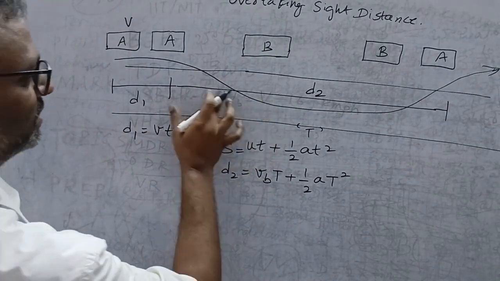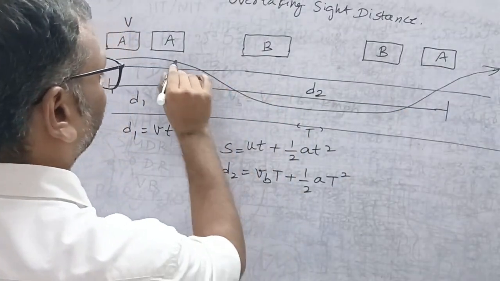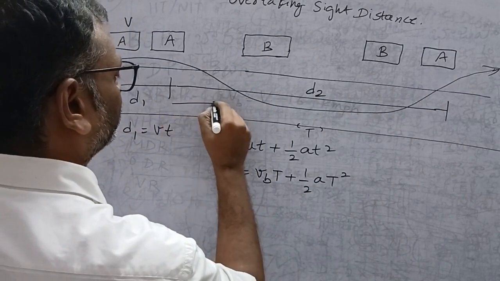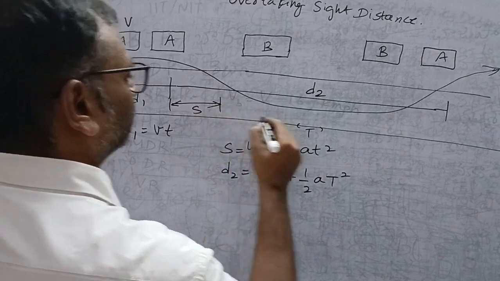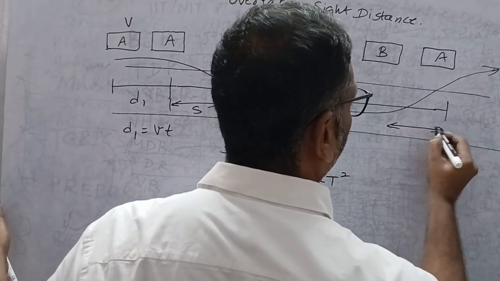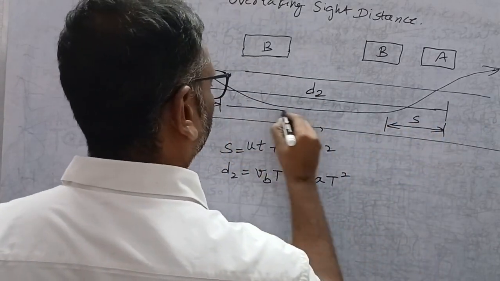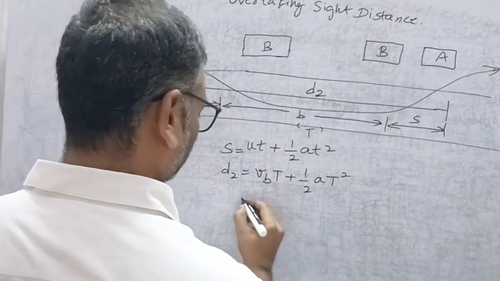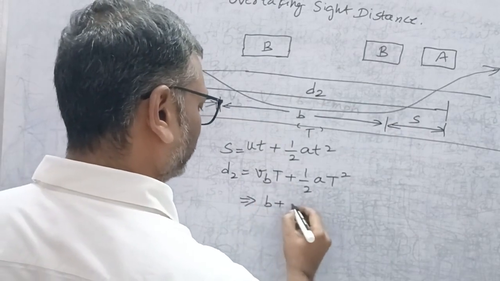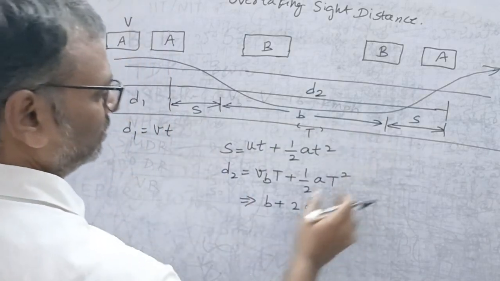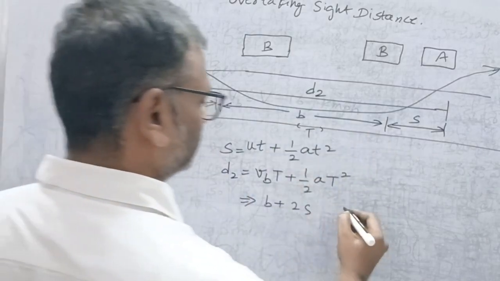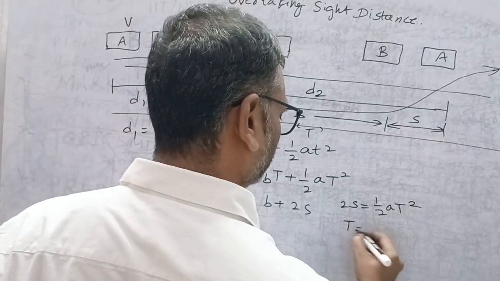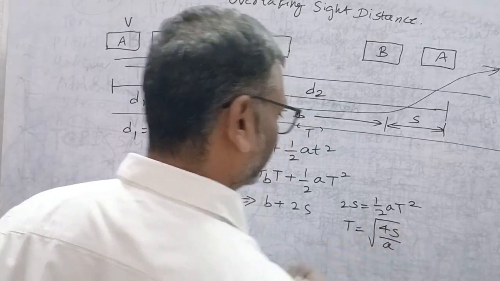You see, this T can also be written as, if you take this portion and this portion as some s, b plus 2s. Upon comparing these two equations, we get 2s is equal to half at square, and T is equal to square root of 4s by a.